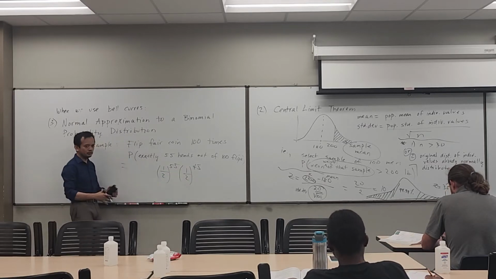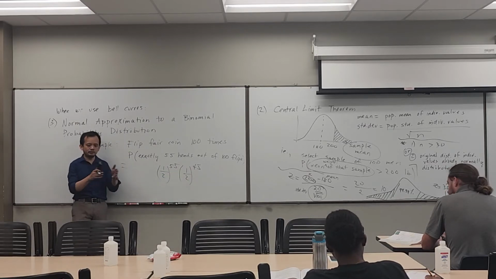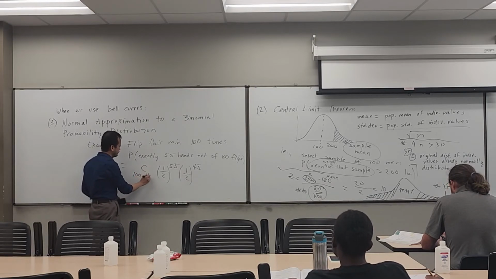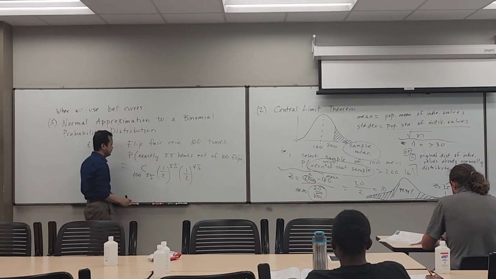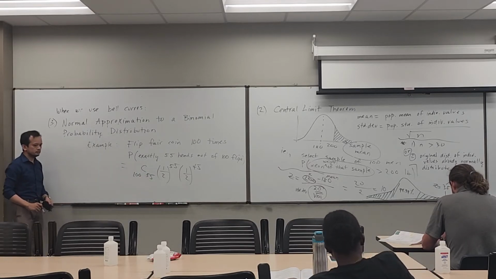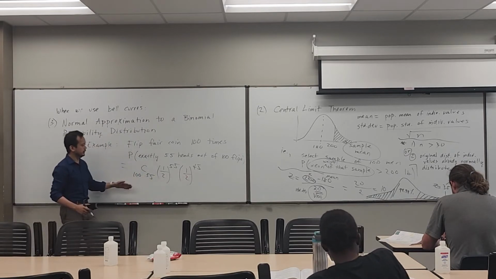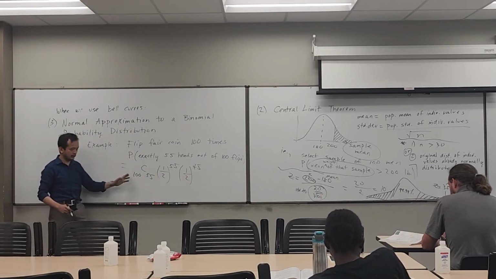So the ways that you can pick 55 heads from 100 flips is 100 choose 55, or 45. So very good. So these three components are necessary to the final answer, and this constitutes the formula, the binomial probability formula.